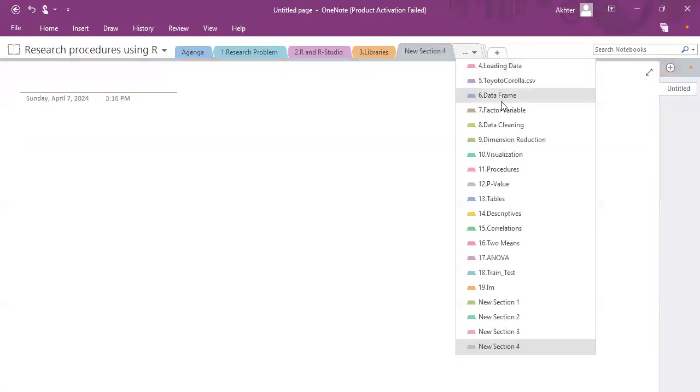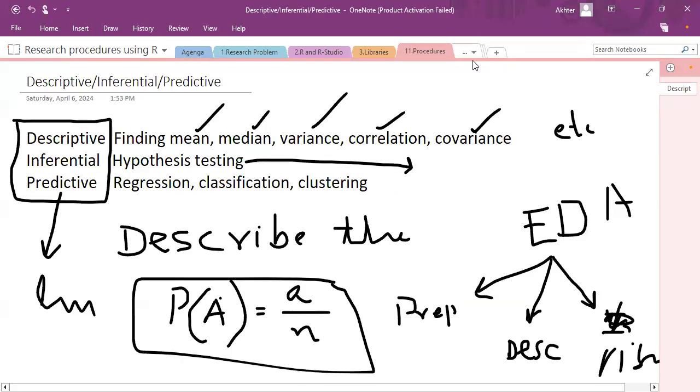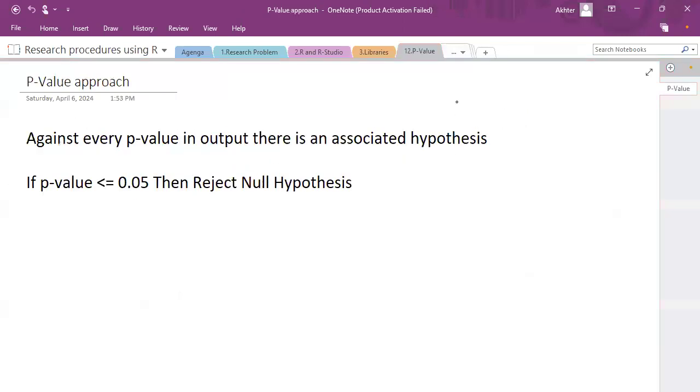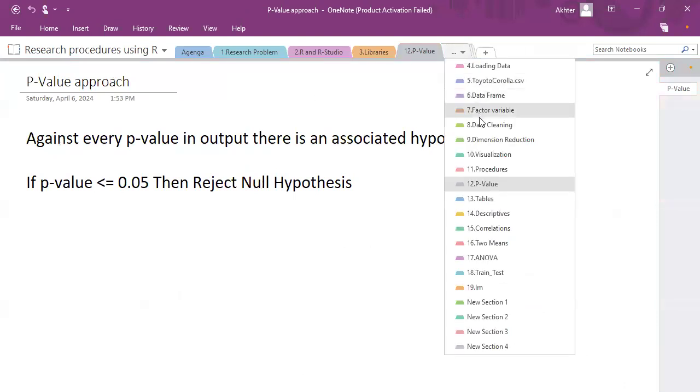I want to mention the procedures. There is no space here, so I'm mentioning the procedures here.